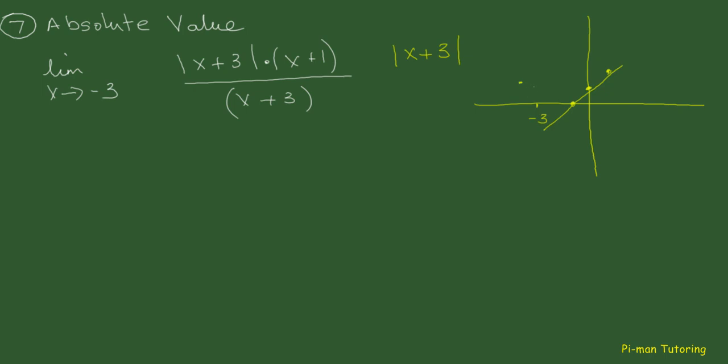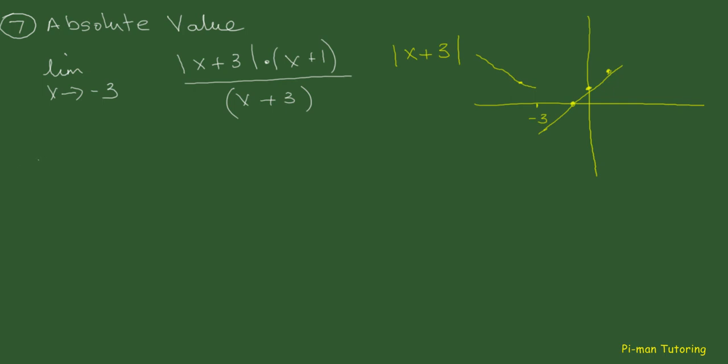And if you continue plotting that, you'll see that it looks something like this. So this function looks linear to the left of -3, has a discontinuity at -3 where the function doesn't exist, and then looks linear again beyond -3. So we really need to break this function into two pieces on either side of -3.